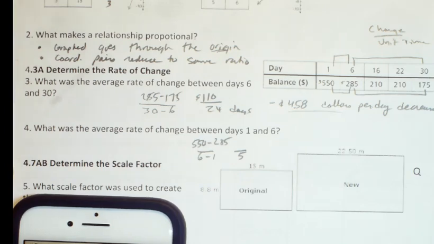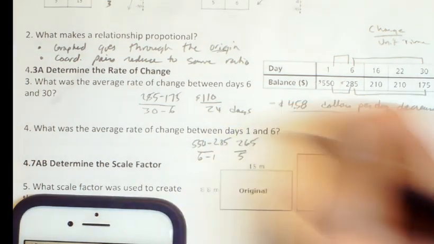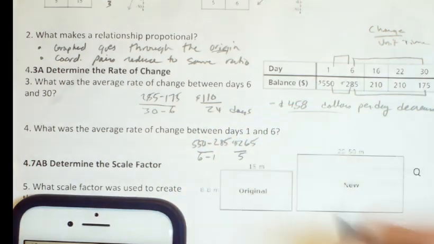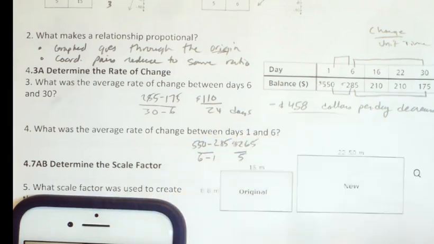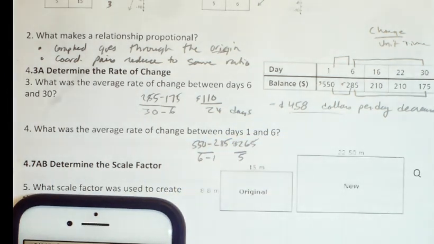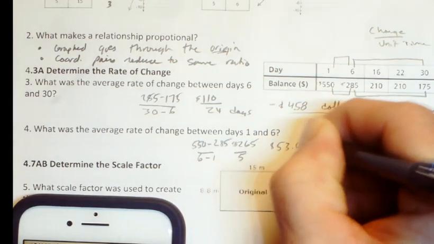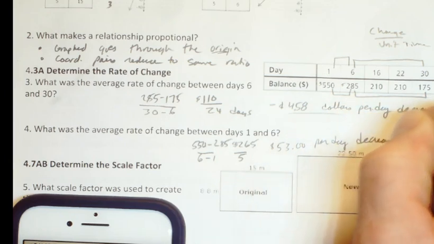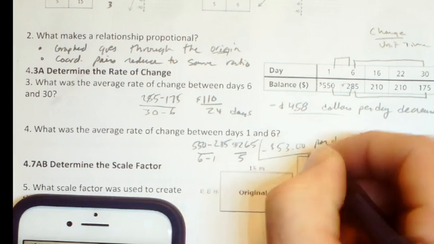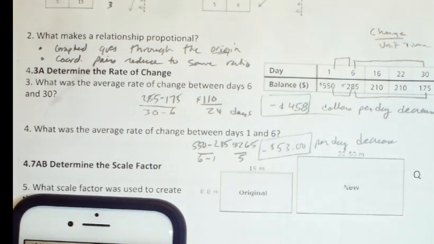So 550 minus 285, I got 265. I guess that's dollars in 5 days. Divide that by 5. That's a $53 per day decrease. If you want to think of it as a negative $53, you can. It's going down. It's definitely a decrease.